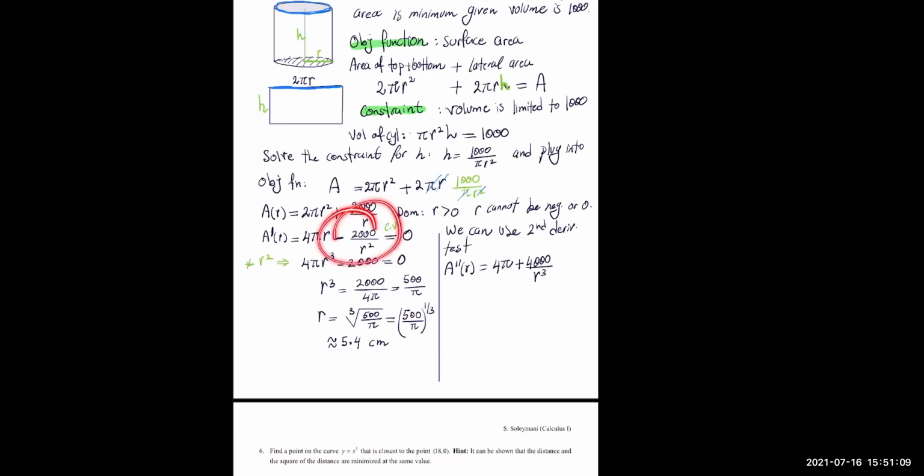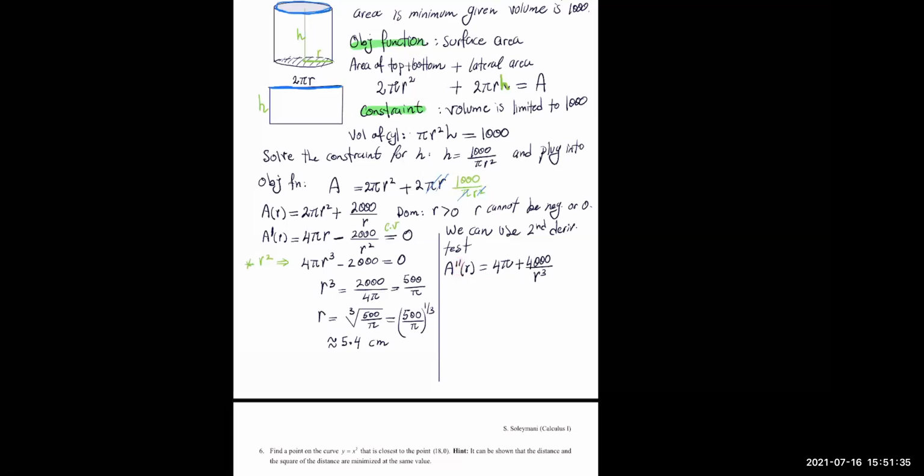Again, I'm differentiating this term right here. That term is -2,000 r to the -2. Bring the -2 in front. You get positive 4,000 r to the power of -3. And when you reciprocate that -3, you get positive 3 in the denominator. This is the second derivative.